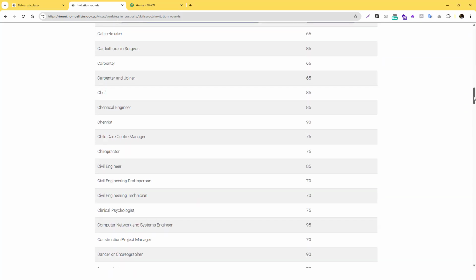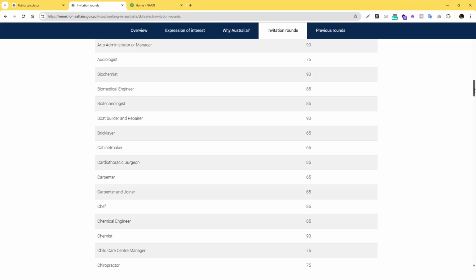Now we jump into the other, which is a bit different. If you notice here, carpenter is only 65 points. It's very in demand here in Australia, although it's a trade, and it doesn't really require you to have higher points. As long as you have 65 points, even as a cabinet maker and bricklayer, more in the trades, you can get invited in most cases.